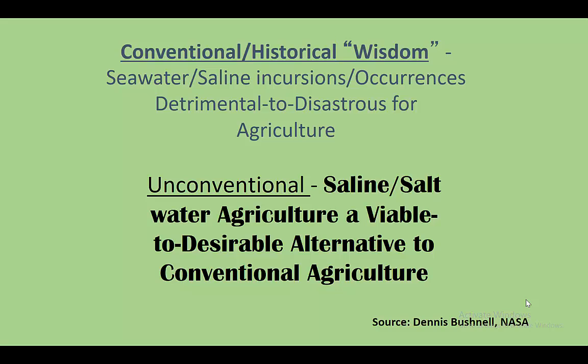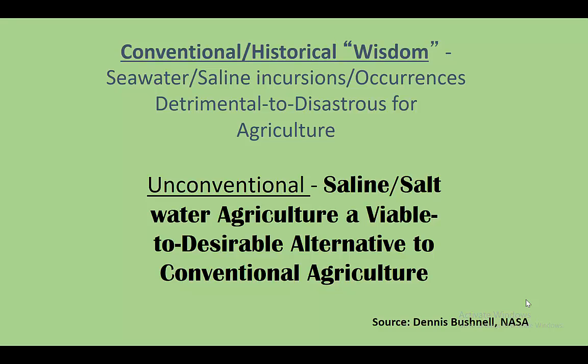So there's a researcher with NASA who has some interesting concepts about using halophytes, or salt-loving plants, for agricultural purposes. He's at the Langley Research Center at NASA, and I stole this slide from one of his talks. He says the conventional wisdom is that salt is disastrous to agriculture.